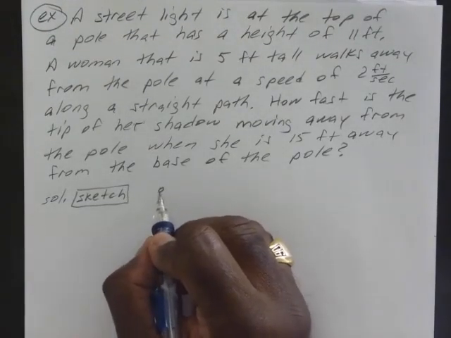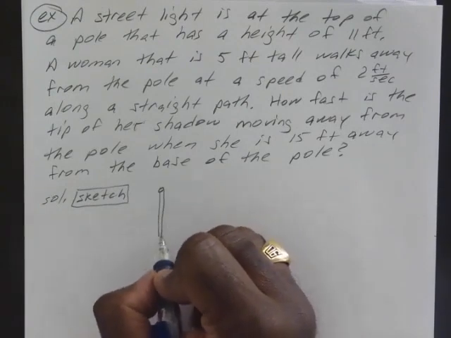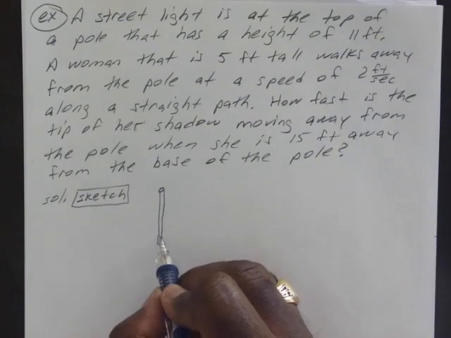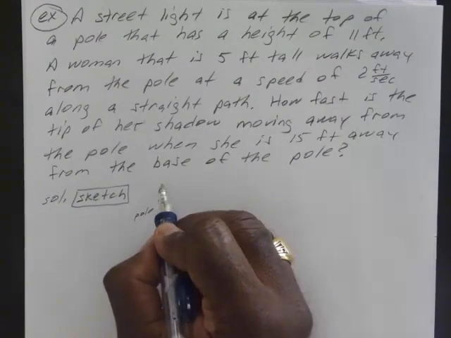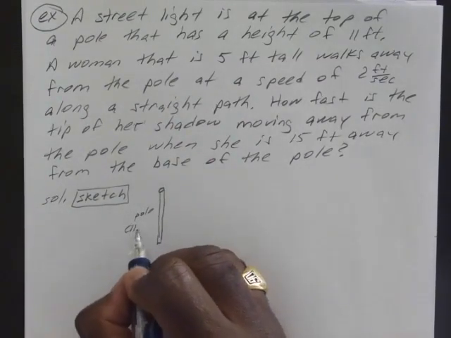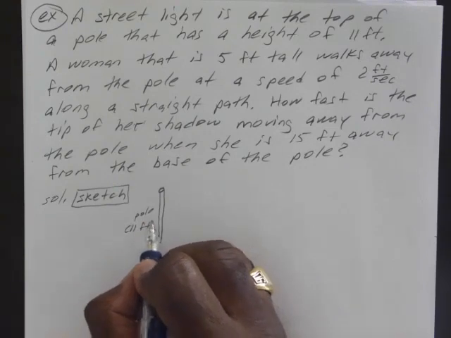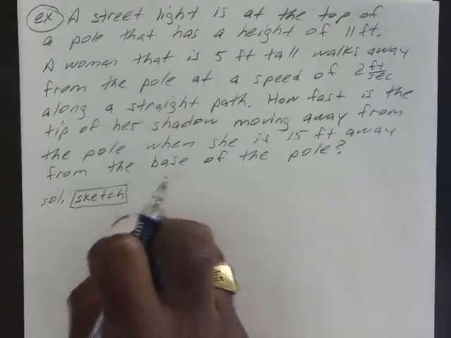Okay, so let's say we have an 11-foot pole, with your light on top, and we know that's 11 feet.